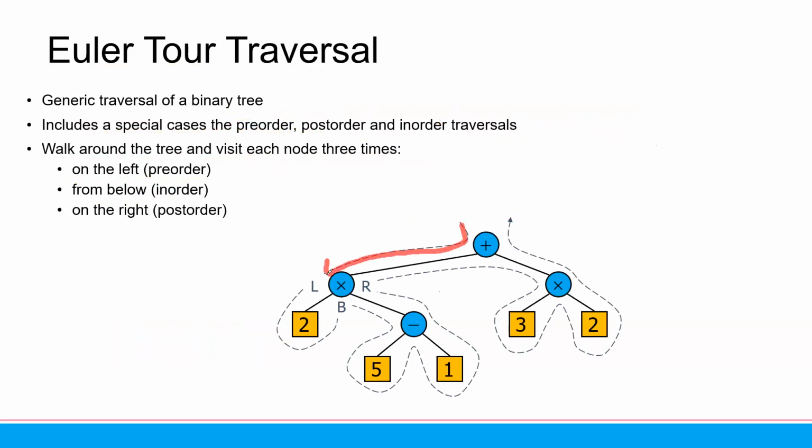We will visit this node, and then this is the left. And after we finish to check the left, we will move to this node, and we call this the bottom. And then we will go to the right subtree. And then if we go back to this node, then we call this the right or the post-order.